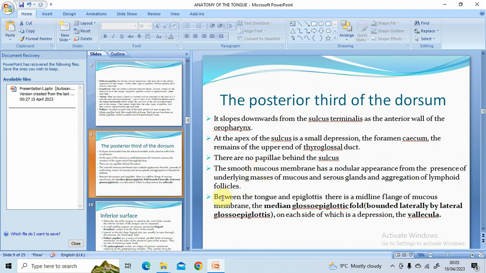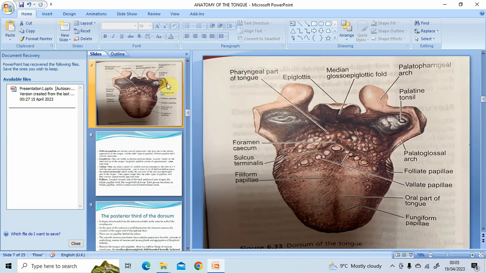The smooth mucous membrane has a nodular appearance from the presence of underlying masses of mucous and serous glands and aggregations of lymphoid follicles. If you look at the structure of the tongue, it appears as if the posterior third is roughened, but actually it's the smoothest part of the tongue.